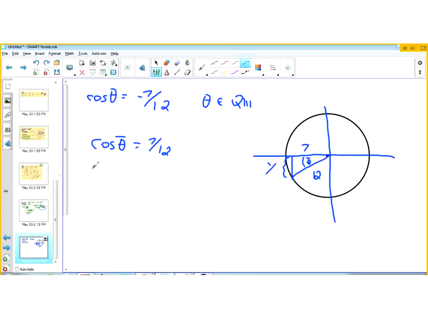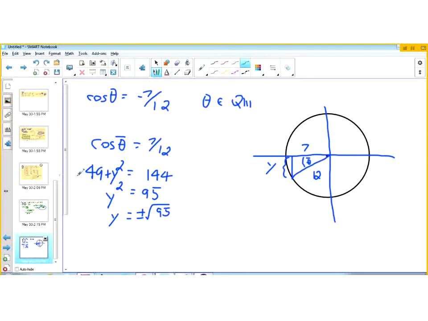So this distance is y, and so we know that 49 plus y squared is equal to 144. Okay, so what is this? So y squared is equal to 95, right? So y is equal to plus or minus the square root of 95.